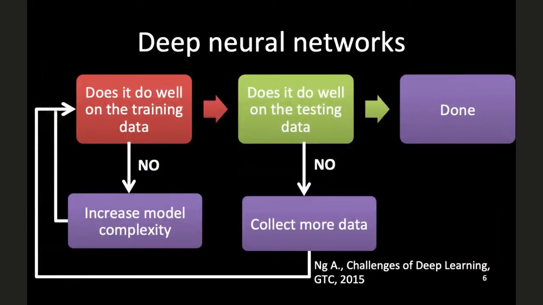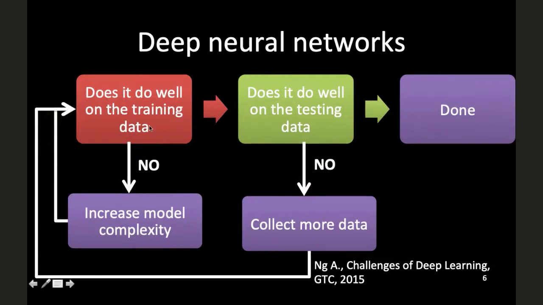Neural networks are very, very powerful, especially deep neural networks, given enough data. But coming up with the right neural network is always a challenge. In an ideal scenario, this is what happens. You design a neural network, and you see whether it works well on the training data. If it does not, you increase the model complexity. You increase the number of hidden layers, number of units per layer, and so on, and then see if it learns the training data well.